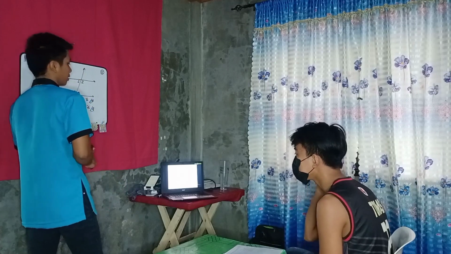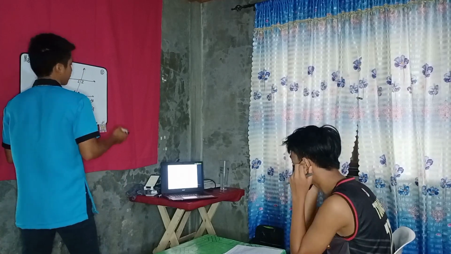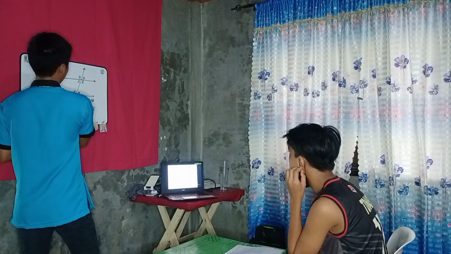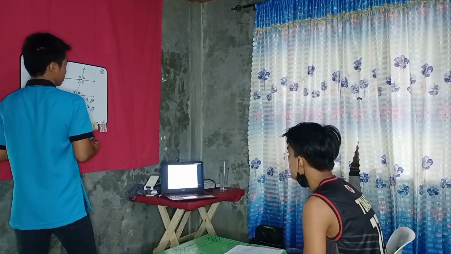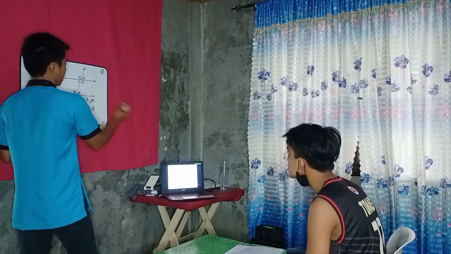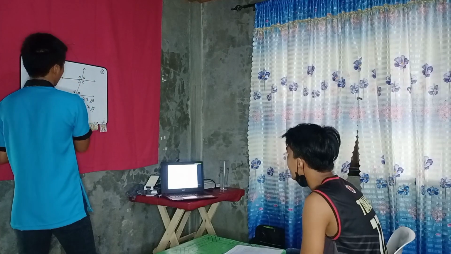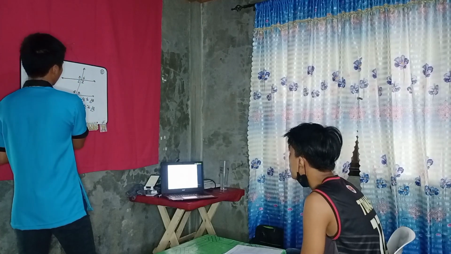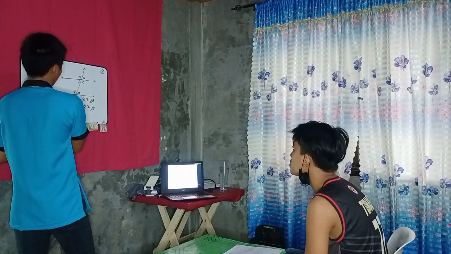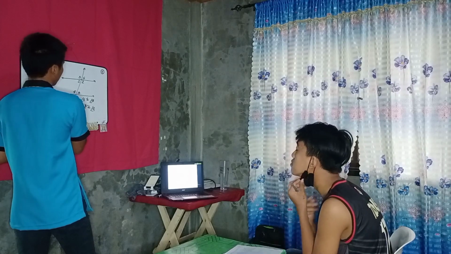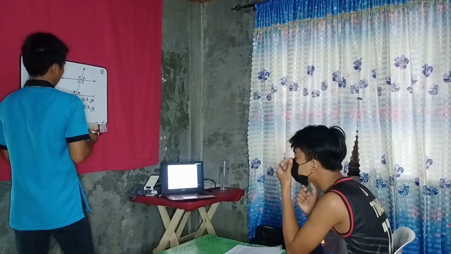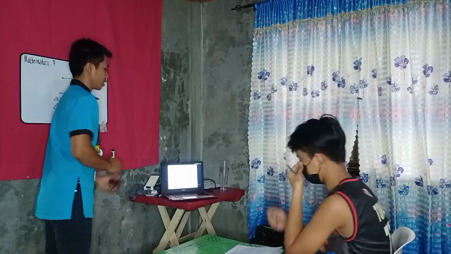So, similar to our parallel alternate interior angles postulate a while ago, when we have angles 5, 6, 7, and 8, by the word alternate and the concept of our theorem, our angle 5 is congruent to our angle 7, while angle 6 is congruent to our angle 8. Do you have any question? None, sir. Okay, next.